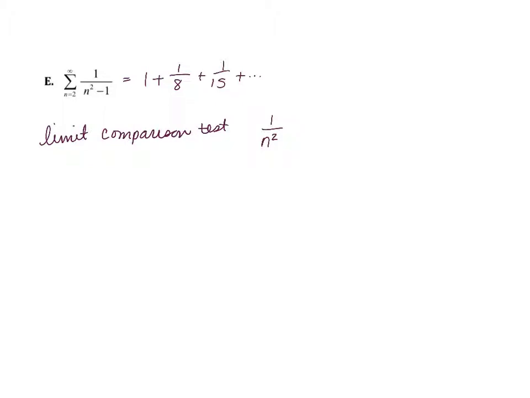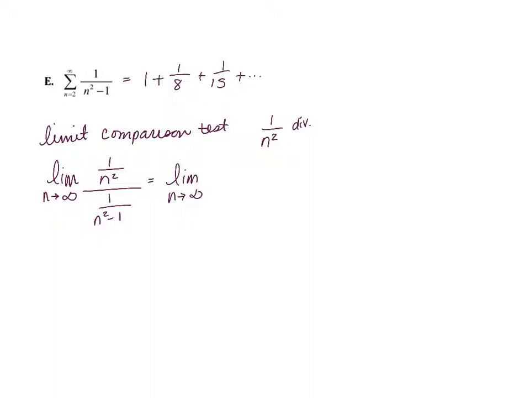And I know 1 over n squared converges. All right, so for our limit comparison test, we're going to talk about the limit as n approaches infinity. And it doesn't matter which one of these we're going to put on top. So I'm going to go crazy and put 1 over n squared on top, and then on bottom 1 over n squared minus 1.